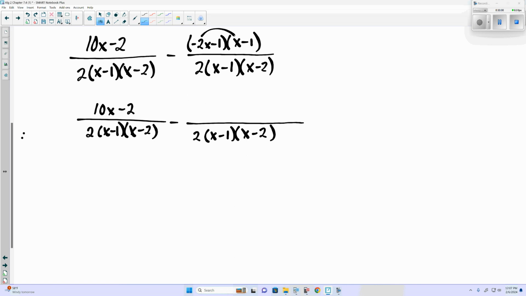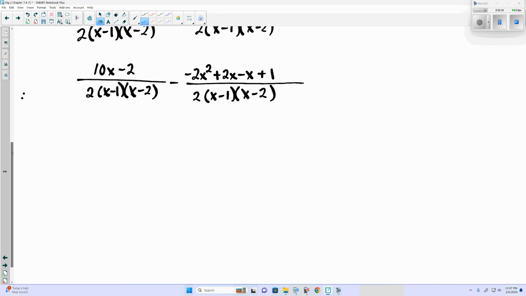And if we distribute this out, our negative 2x times x is negative 2x squared. Our negative 2x times negative 1 is plus 2x. Our negative 1 times x is negative x. And our negative 1 times negative 1 will be plus 1.